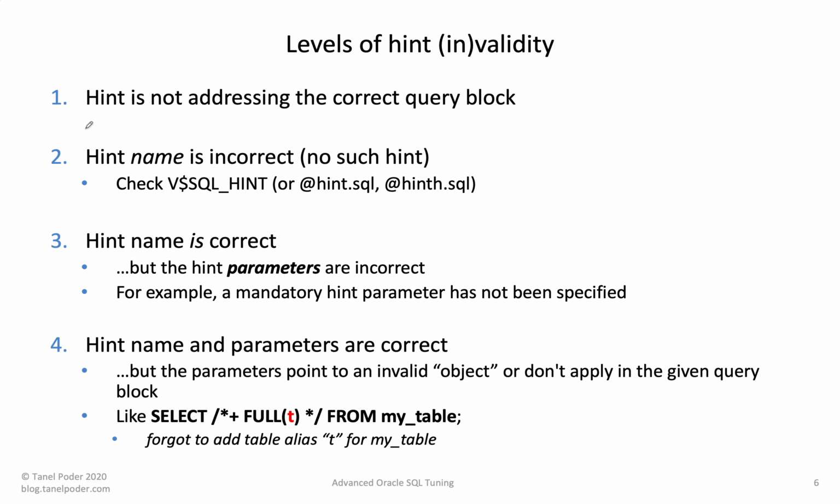So what are the levels of hint invalidity? Number one, the hint is not addressing the correct query block. Or, like you saw two slides ago, if you have multiple comment blocks with hints in them, then only the first one will be used. I'll go through this list quickly, and then we'll dive deeper into all of them. Hint name is incorrect.